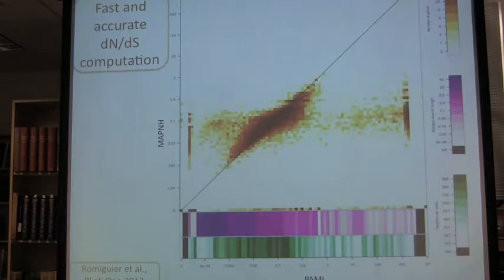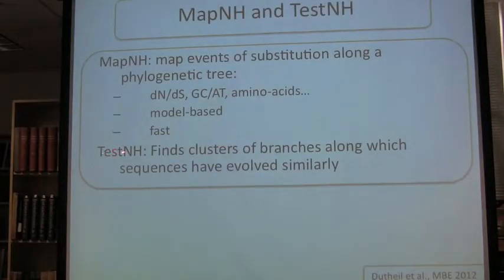So we have this piece of software, and then we have another piece of software that uses the output of MapNH to just find clusters of branches along which sequences have evolved similarly. So basically, with these two pieces of software, you don't need to define a priori background and foreground branches, but the software is going to come up with background, foreground, and maybe middle ground branches if it finds that there are three types of branches in your phylogeny.